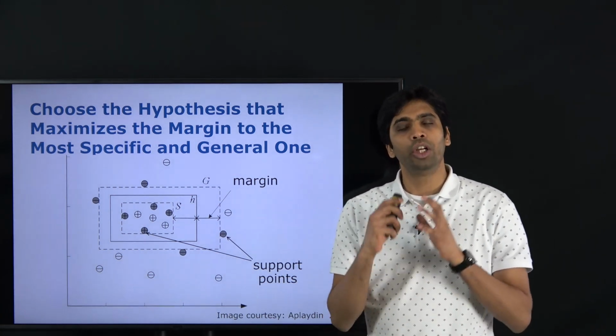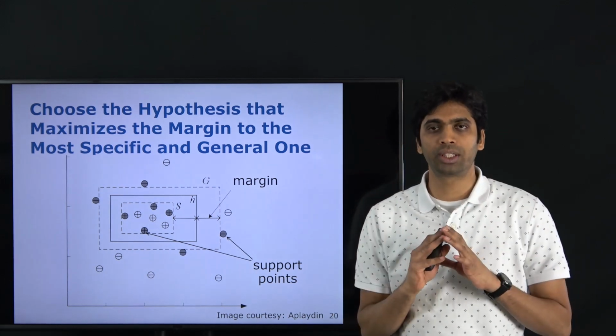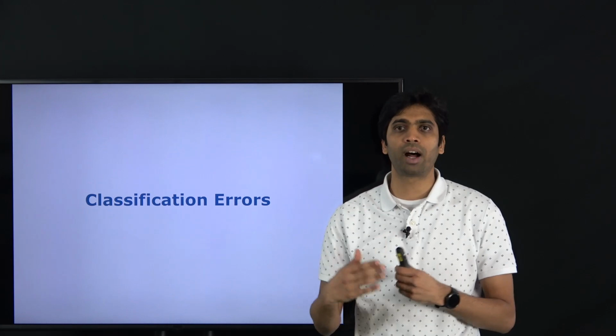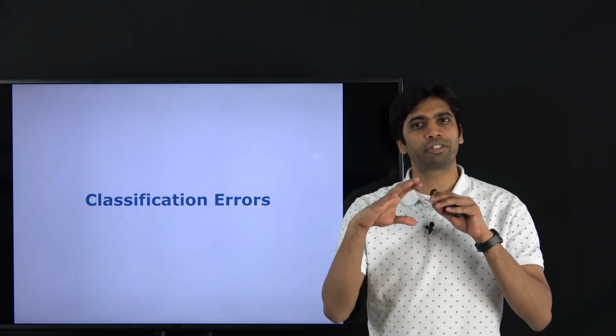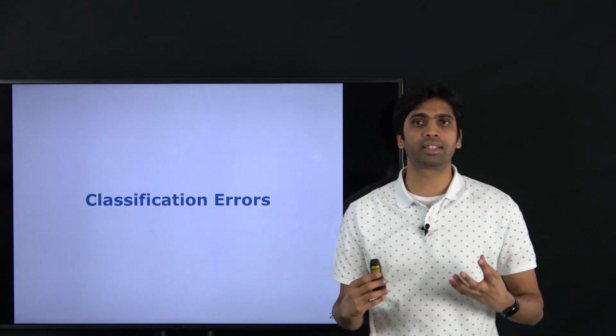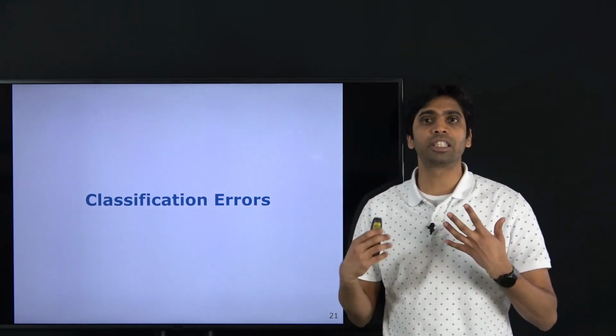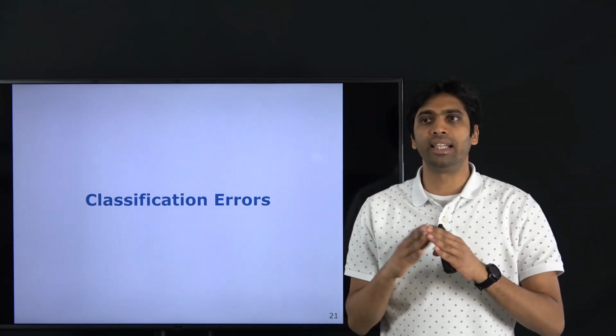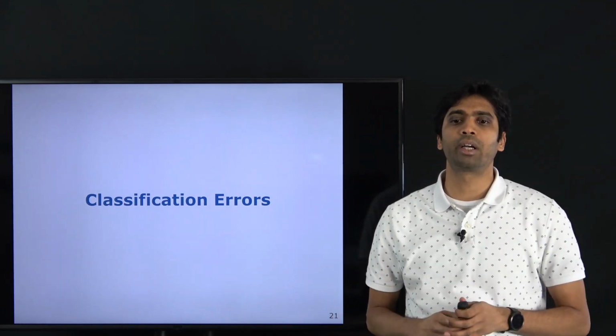No matter what box we choose, there will be certain errors that we will make. This takes us to the next part of this lecture, where we try to understand the different kinds of errors that our classification system makes, depending on, for example, which box we choose.